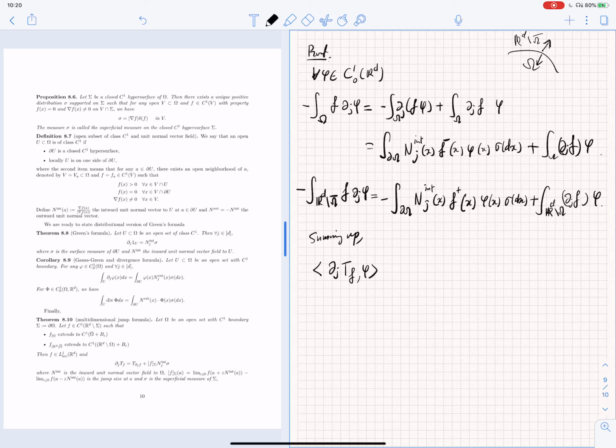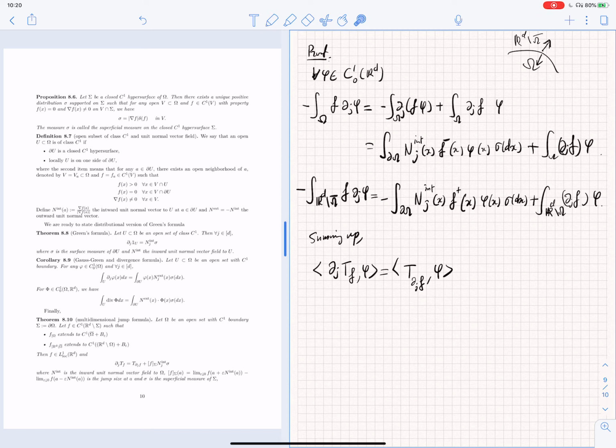On the right-hand side, putting this guy with this guy together, we obtain the distribution associated with d_j f, which is only well defined on R^d with the boundary removed, applied to phi. So this is our first piece, and we put these two integrals together.